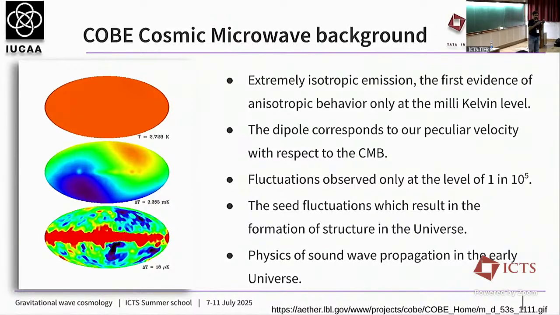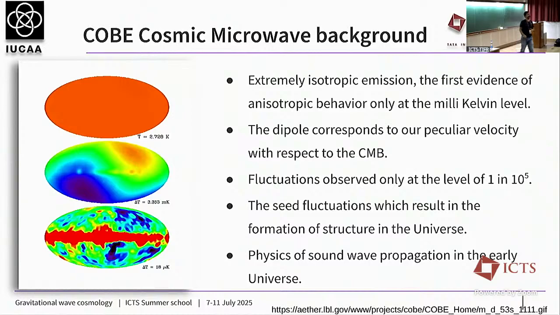If you're moving in a certain direction, then the photons coming from the direction you're moving appear a little bit hotter compared to the direction behind you. That is the dipole effect. So this can be used to measure the peculiar velocity of our own Milky Way and also its direction.